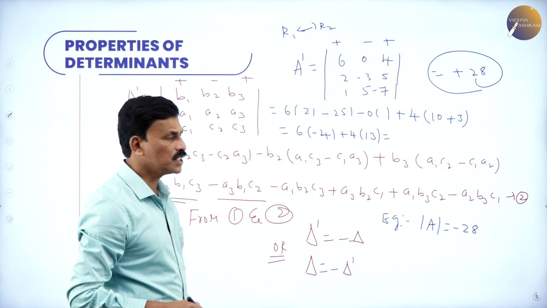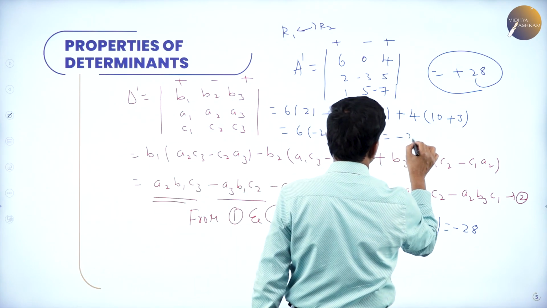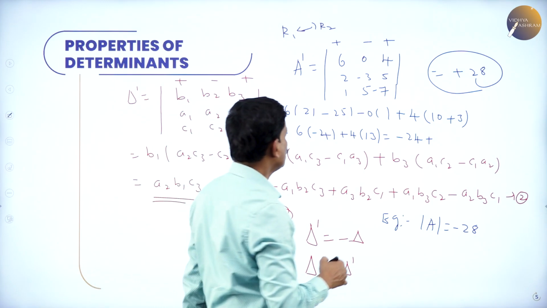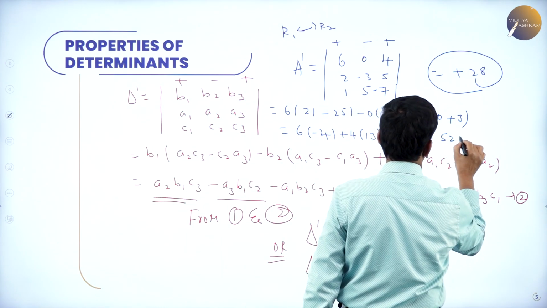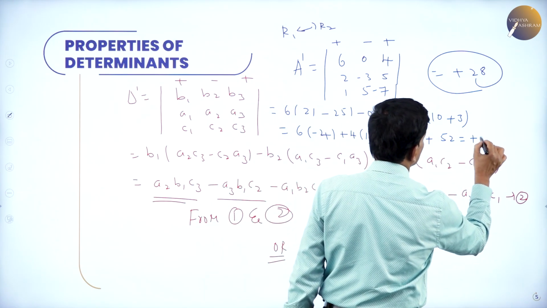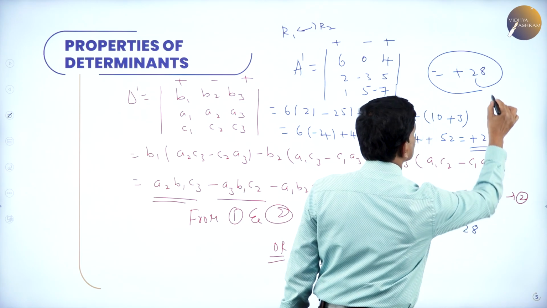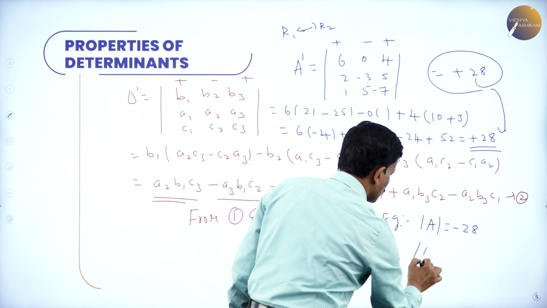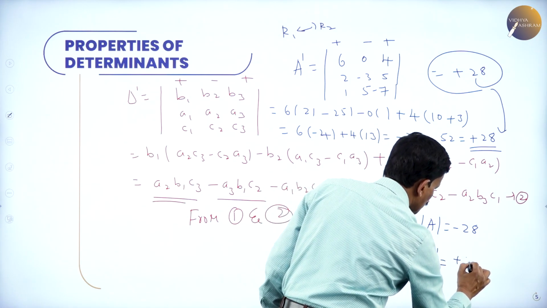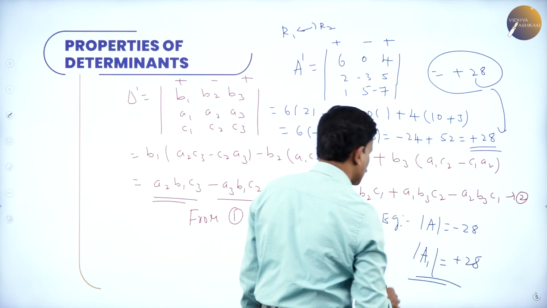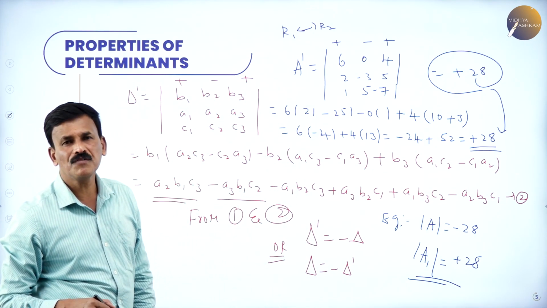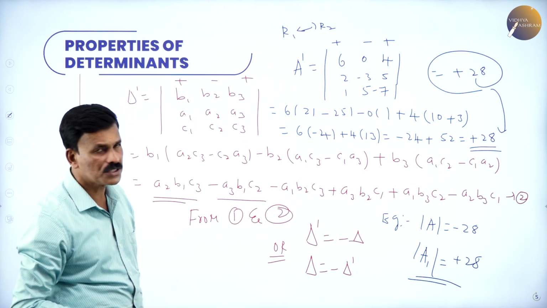So 6 4s are 24, minus 24 plus 13 4s are 52. Minus 24 plus 52 is equal to plus 28. That means the value of interchanged delta 1 is equal to plus 28. So if you interchange 2 rows or 2 columns, the value of a determinant changes in its sign. That's it.